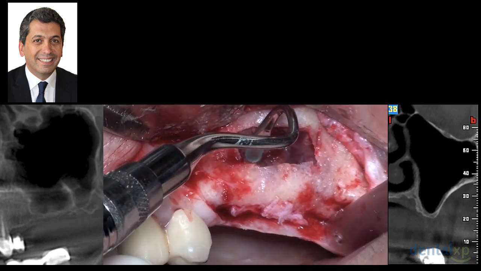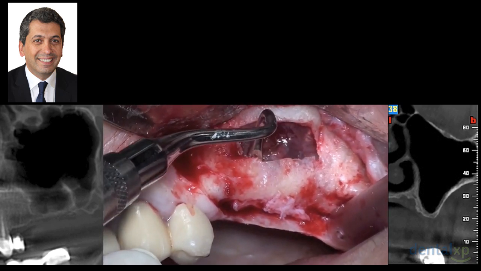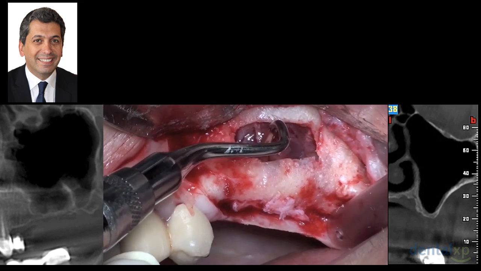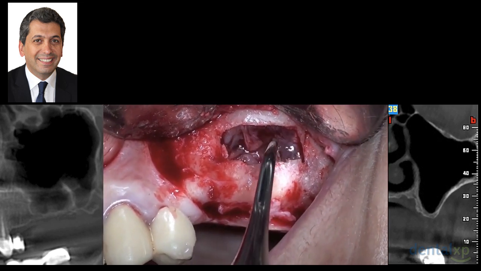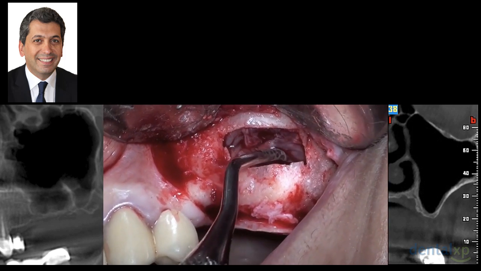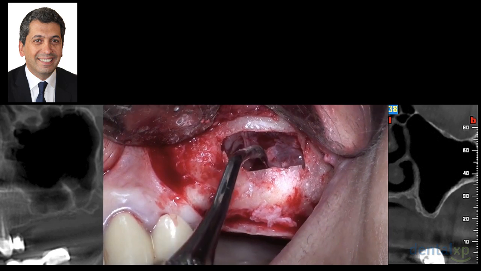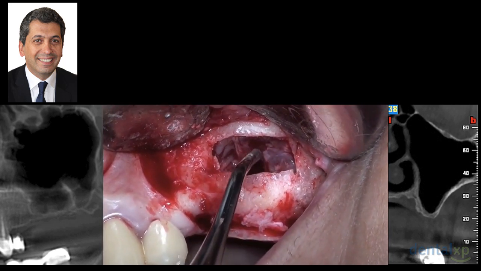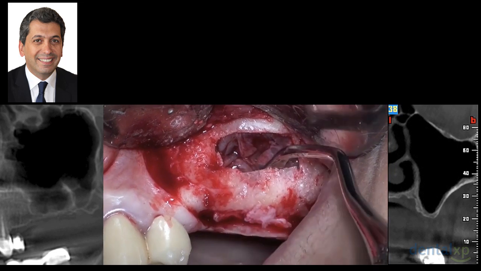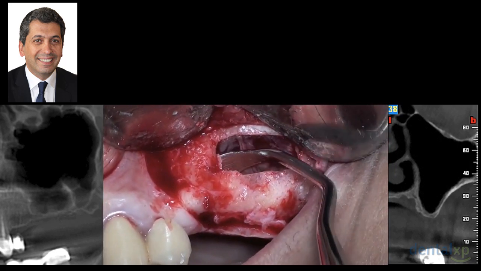It is very important when you detach the membrane and you elevate it to do it from different parts: do it mesially, then distally, then in the middle. You don't do it only in the middle, for example, because then you will have tension on the mesial and the distal. So now that I had some more detachment of the membrane, I used another sinus membrane elevator that can help me to reach the buccal, the palatal bone.